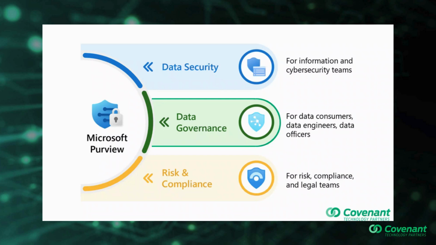But I think the important thing to understand here is that the data governance tools are not necessarily coming from the perspective of risk or security. They're really more coming from the perspective of just getting a general understanding of what you have, where you have it, how your users are utilizing it.